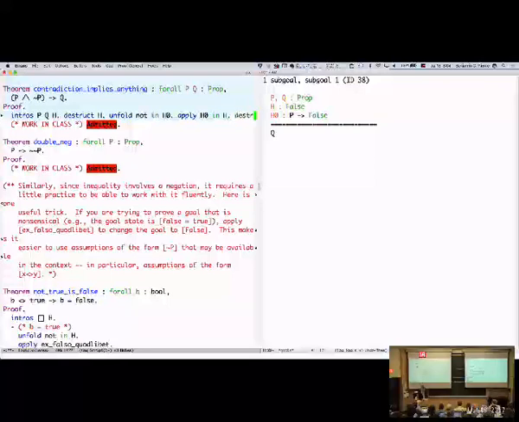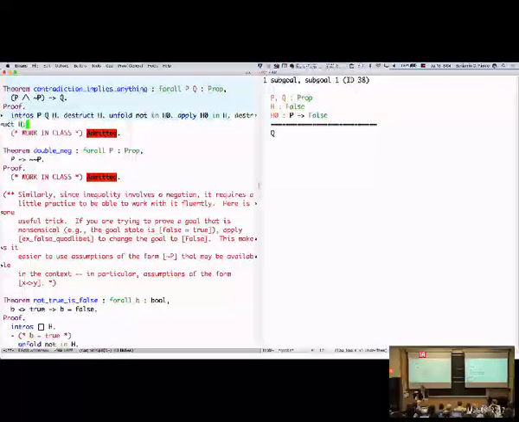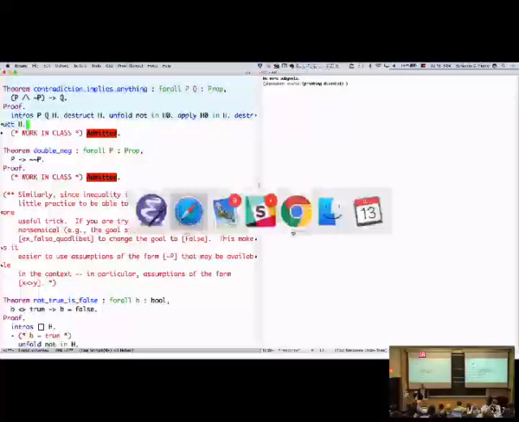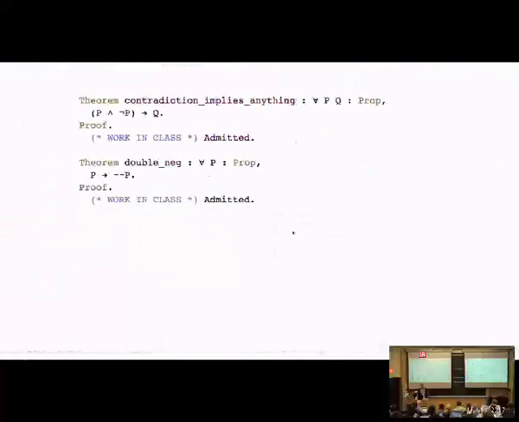And now I can do destruct H. And I'm done. Okay? So this is the flavor of working with negation. If you get confused and there's a negation any place around, try unfolding not and see if it helps.